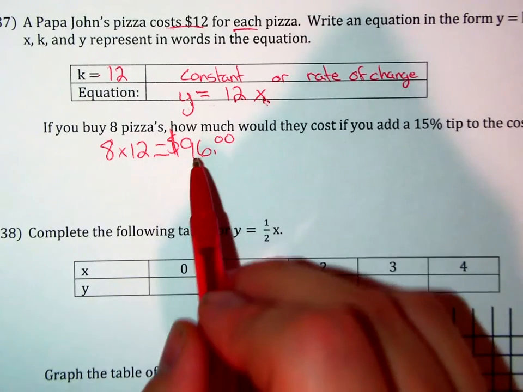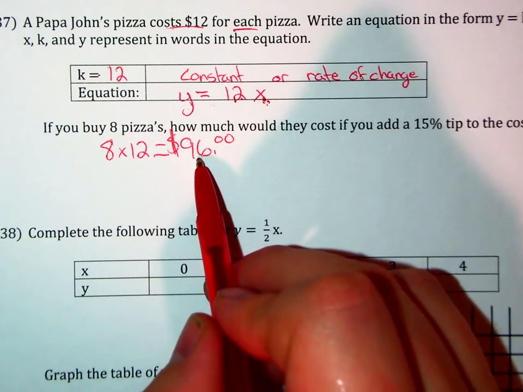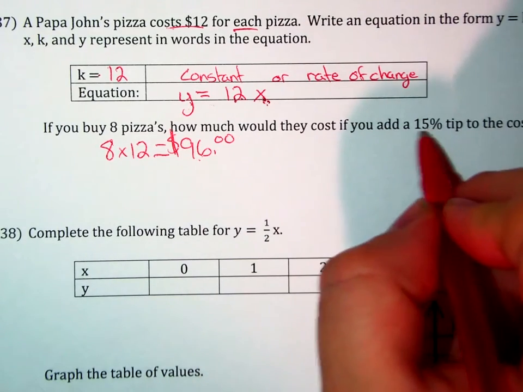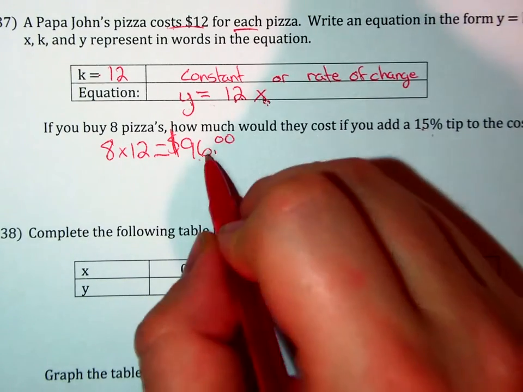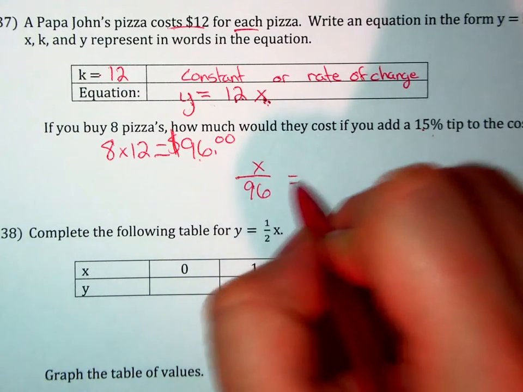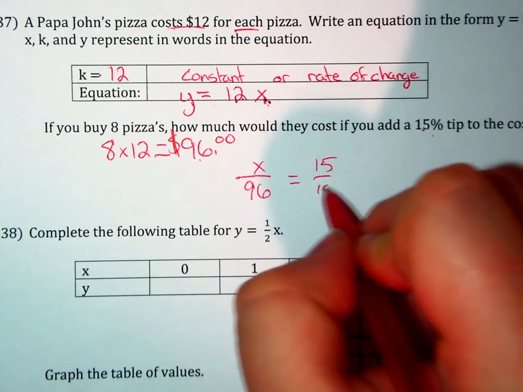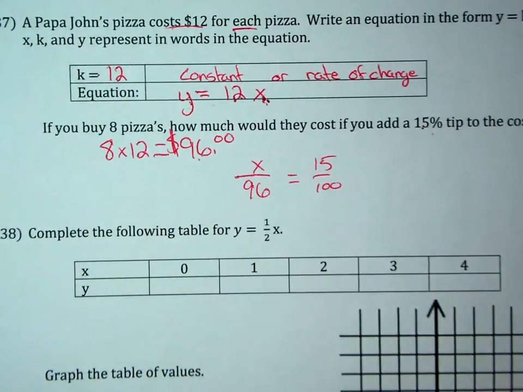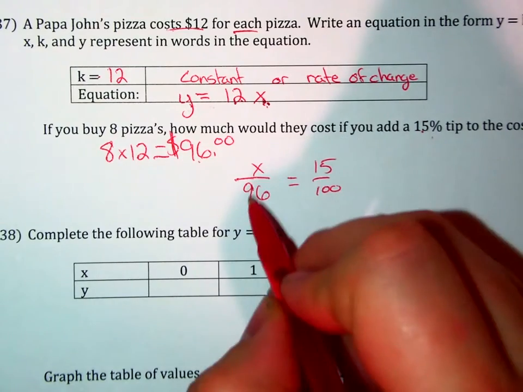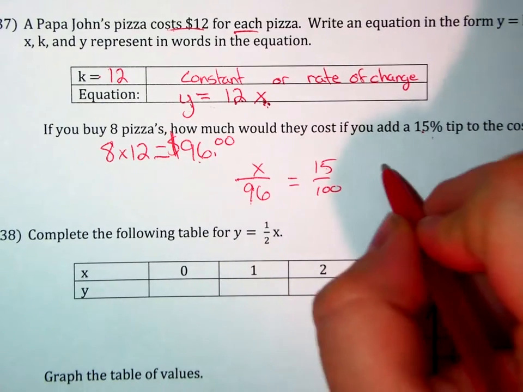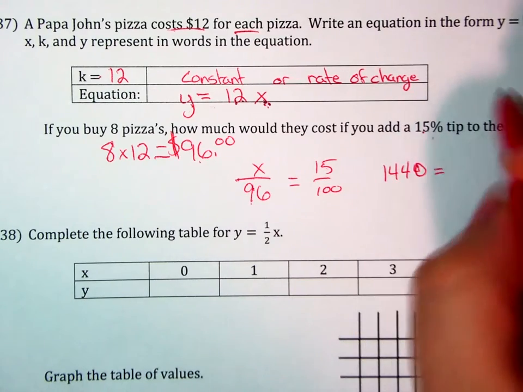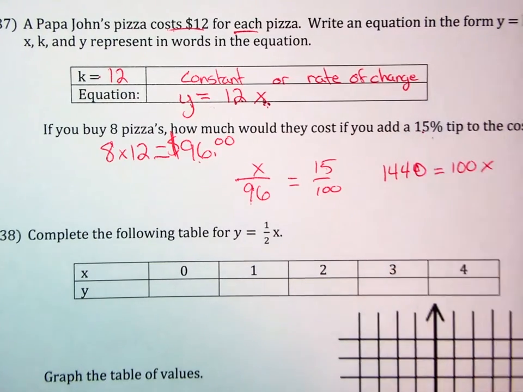Now that I know that I paid $96 for pizza, I want to add a 15% tip. So I want to know what is 15% of 96. Now we cross multiply. 96 times 15, 1,440 equals 100x.